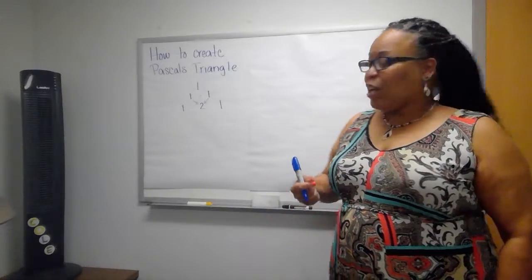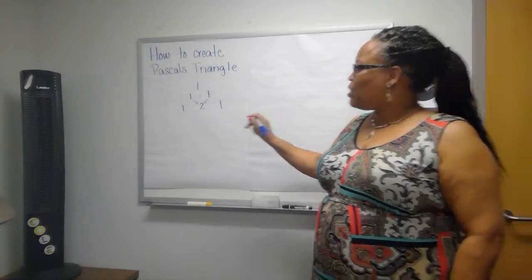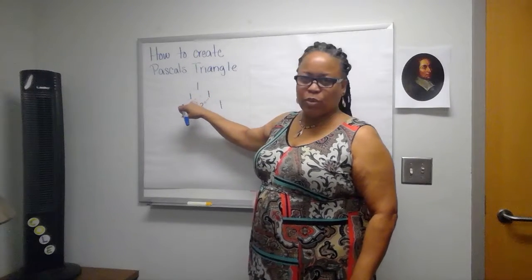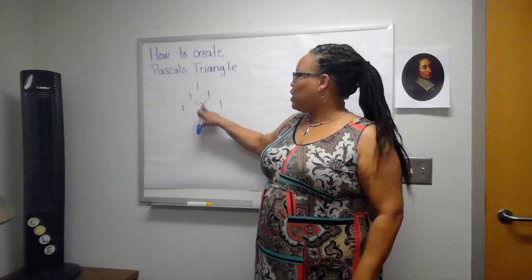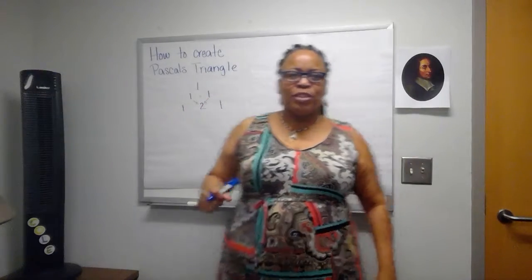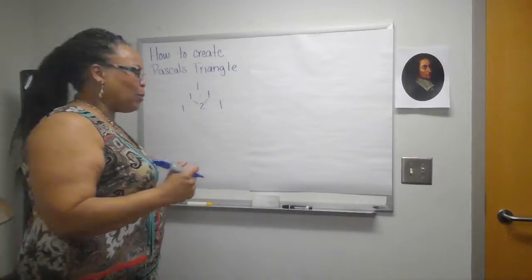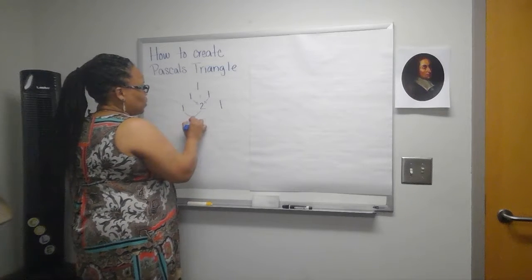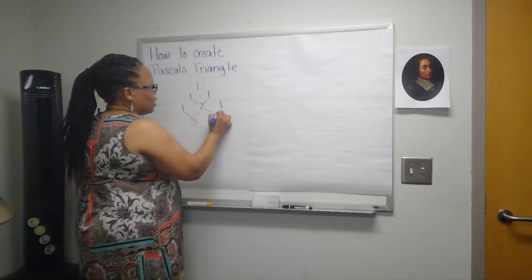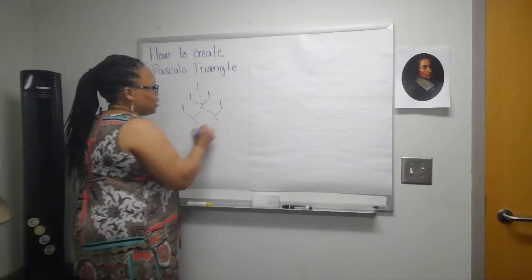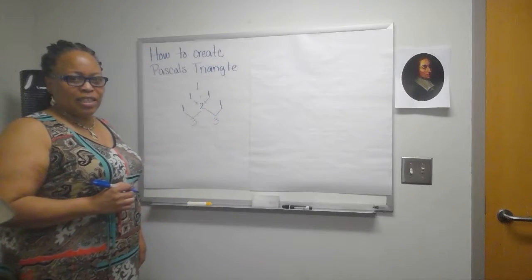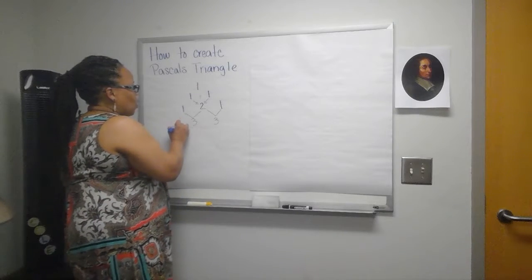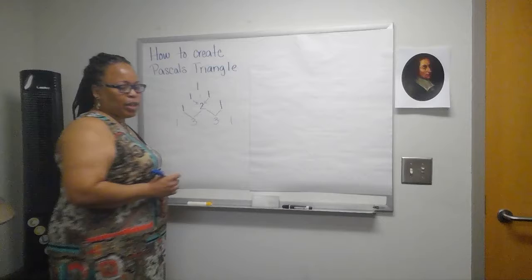The uniqueness of creating this triangle is that each of the two numbers above are combined. So you will see I have 1 plus 1 that gives us 2. To create the next row, we combine 1 and 2 to get 3, 2 and 1 to get 3. And as I just stated before, along the diagonals we always have a 1.